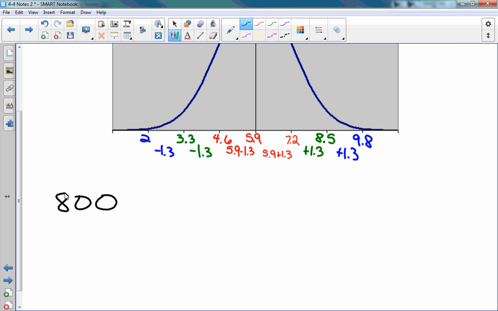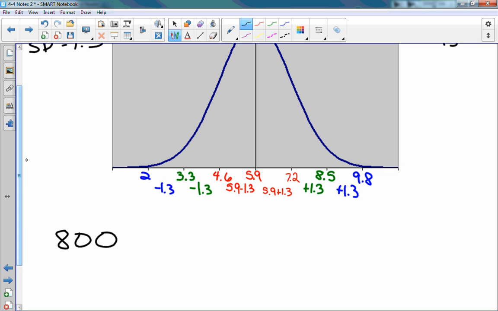How many of those 800 students are going to get higher than a 7.2 out of 10? Think about it.